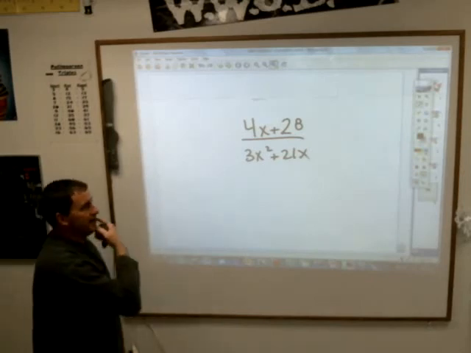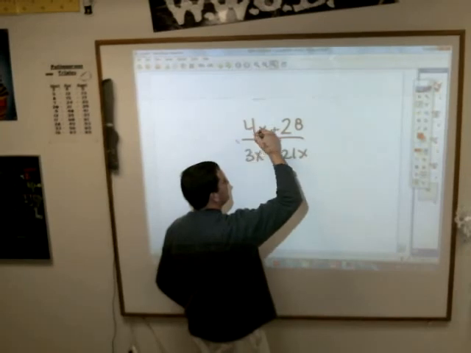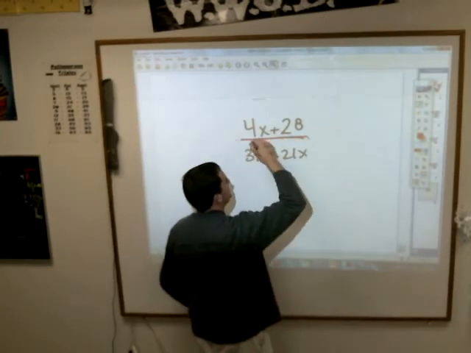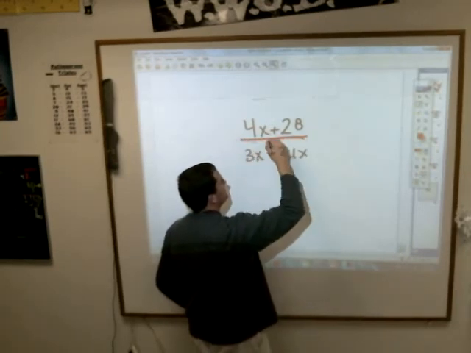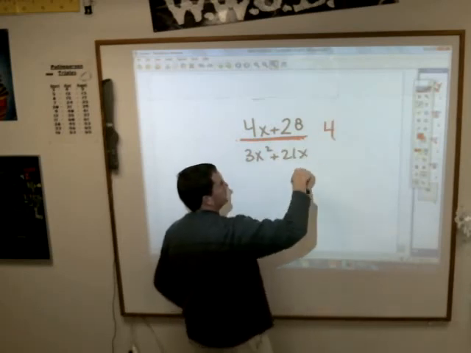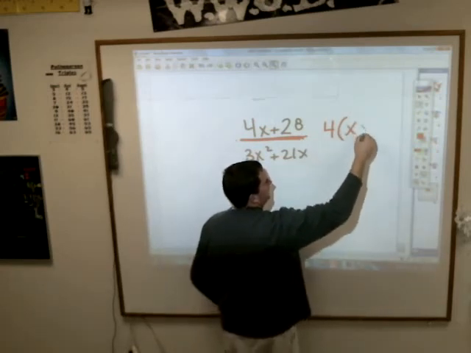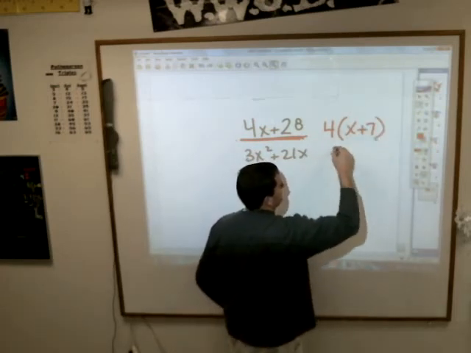What would you take out at the top? Gwen. 4. You can't take an x out. This one doesn't have an x. So just a 4, you're left with x plus 7.